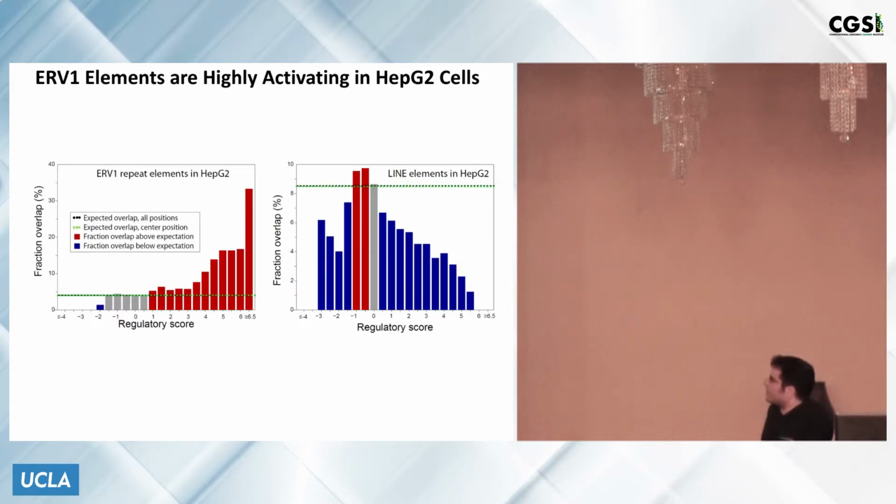And then we also looked at other types of sequence elements, for example, repetitive elements, and it turned out that in the HepG2 experiments, some of the most activating sequences were a certain type of LTR repeat called the ERV1 family. But this wasn't true in general, that repeat elements had high activity. For example, LINE was depleted among both the most activating and repressive motifs.